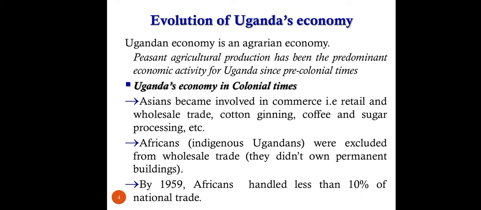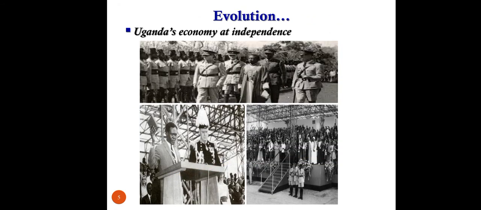During the 1950s, only Asians were allowed to carry out trade, and trade was handled by those that had permanent buildings. So most Ugandans had only grass-thatched houses and temporary houses, so they were not allowed to carry out wholesale trade. By 1959, Africans handled less than 10% of the national trade.